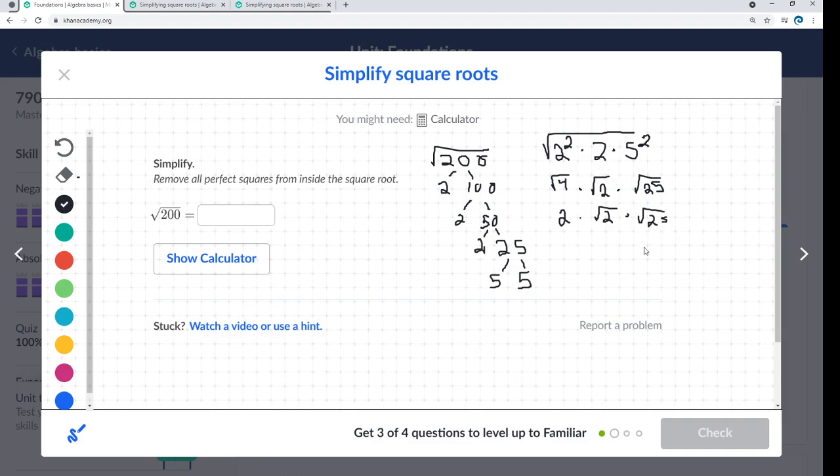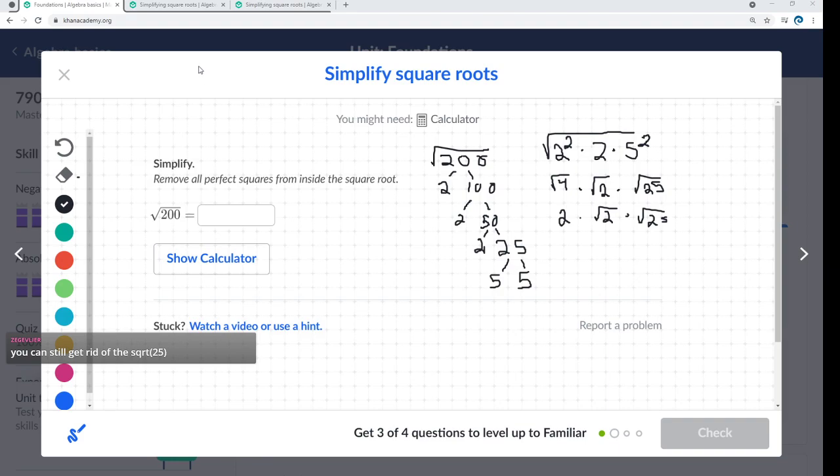But so then how do we resolve these remaining square roots? That's what I don't understand. Like, how did you... I can get rid of the square root of 25?